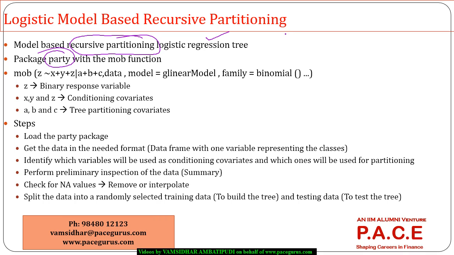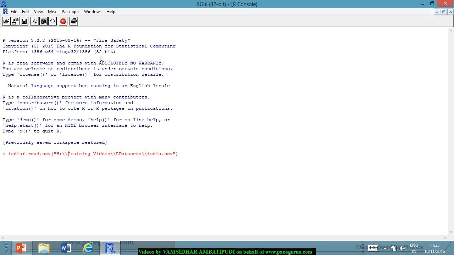The logistic model based recursive partitioning can also be done using the party package, but we will use the mob function there instead of the ctree function that we used for the conditional inference classification tree. I think that library should already be there.